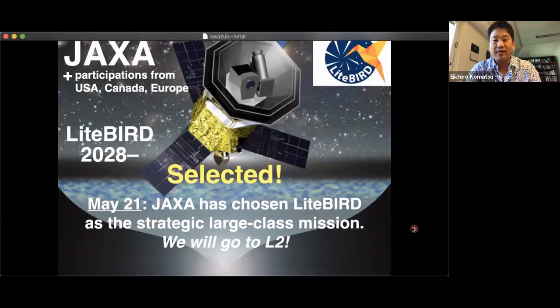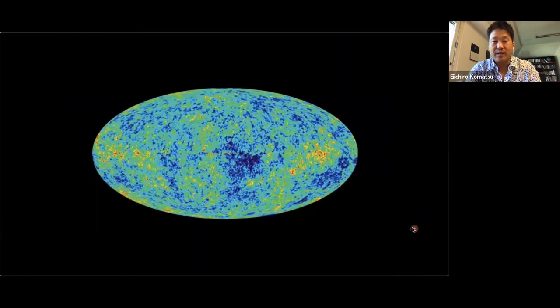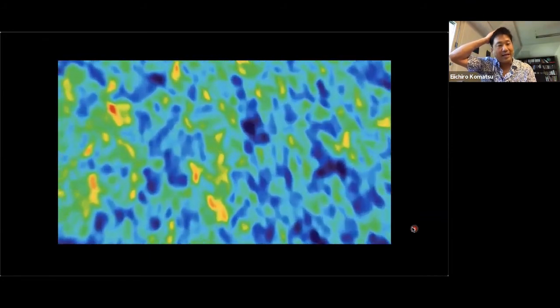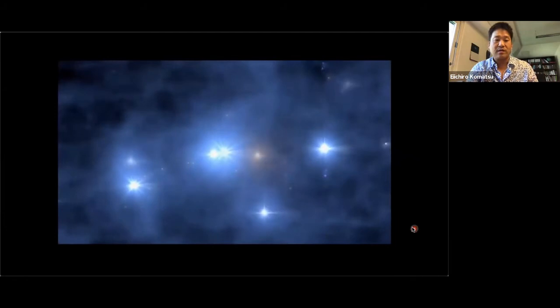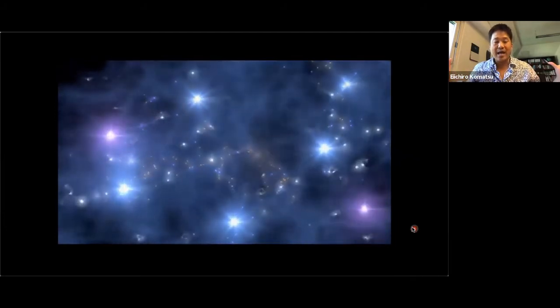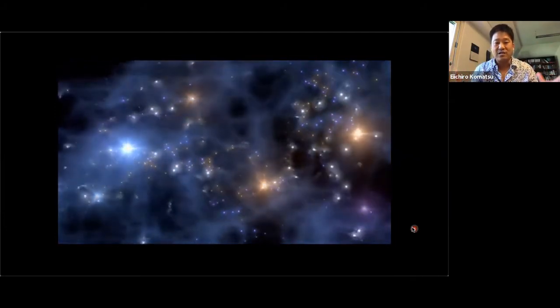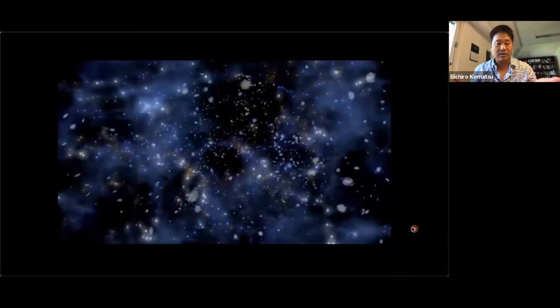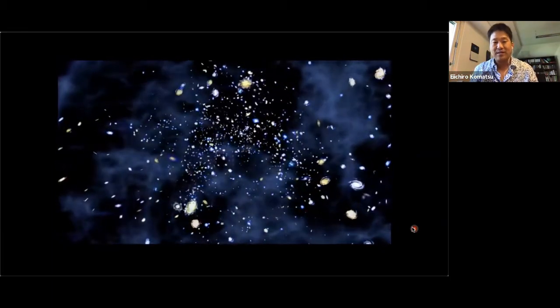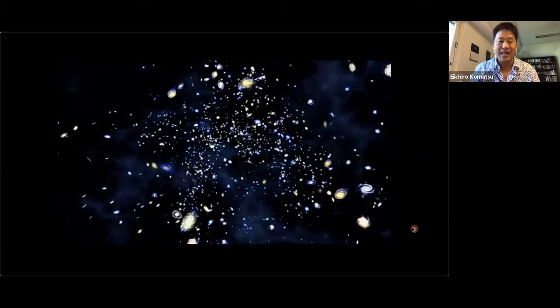Okay, so what do we learn with something like LiteBIRD? Essentially we want to test this remarkable hypothesis that we all originate from small irregularities that existed in the early universe. As you see in this movie, there was this hot spot, cold spot in the early universe, and the perturbations grow gravitationally to form stars, galaxies, planets, and eventually life on the planets.